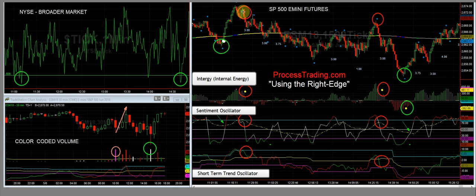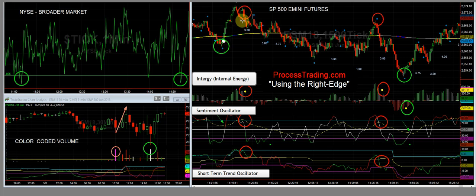And you can see that indeed price did go up. So that's good for about a 10-point trade right there. If you're only looking to take 1 or 2 or 4 points, that's the perfect place for you. But that is how we make our decision to go long at that point.